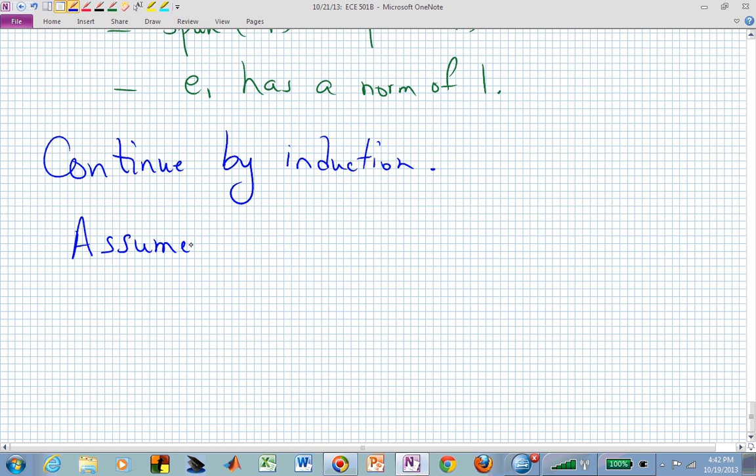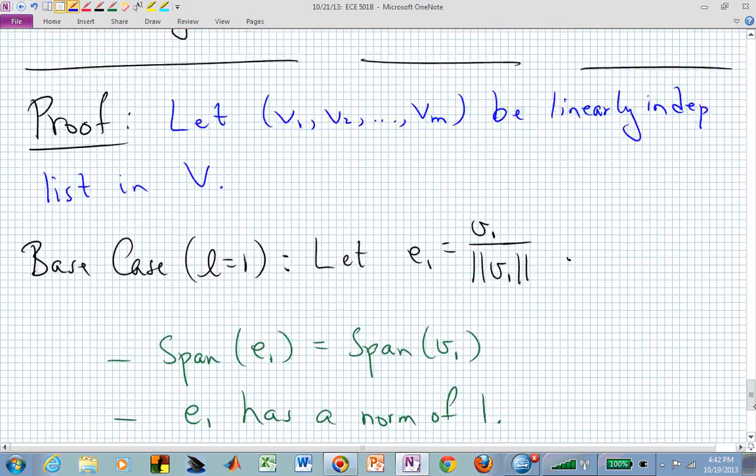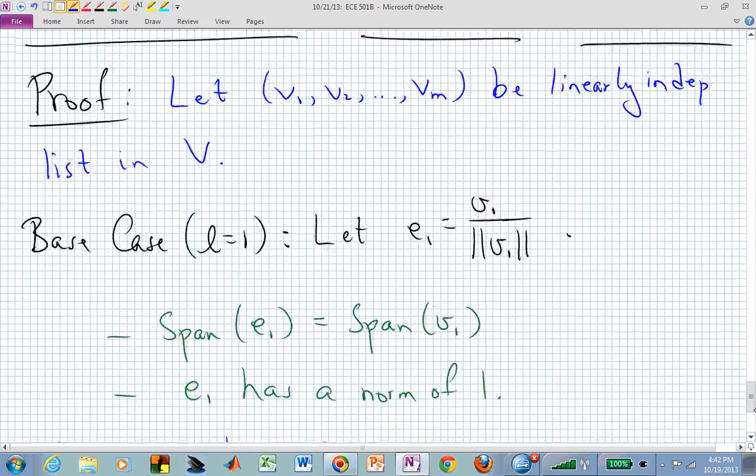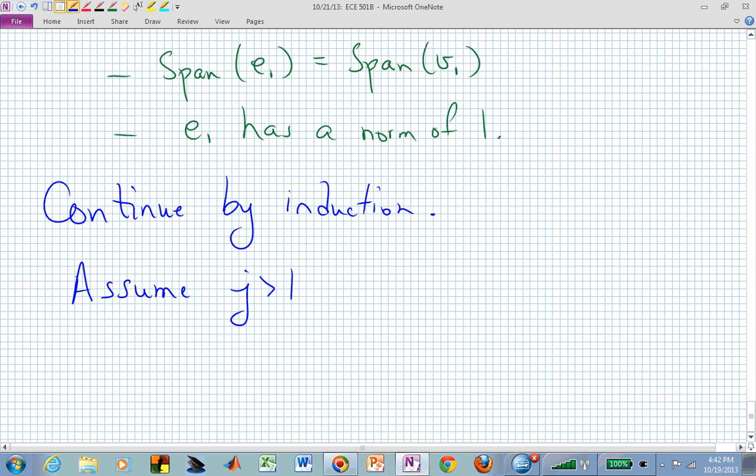Let's then assume that we're dealing with a j value bigger than 1. So now we've moved beyond the base case. And E1, E2, we've now built up a list of length j minus 1.